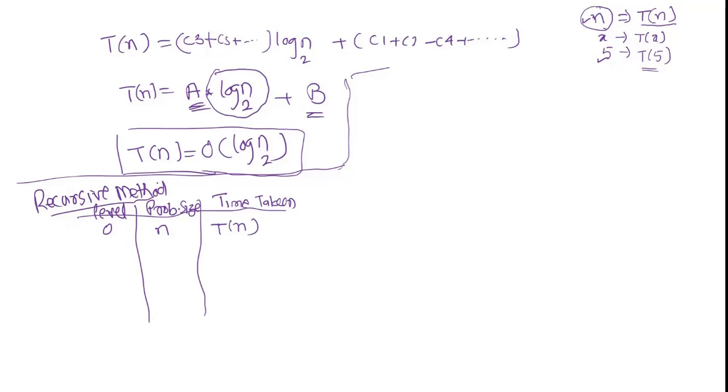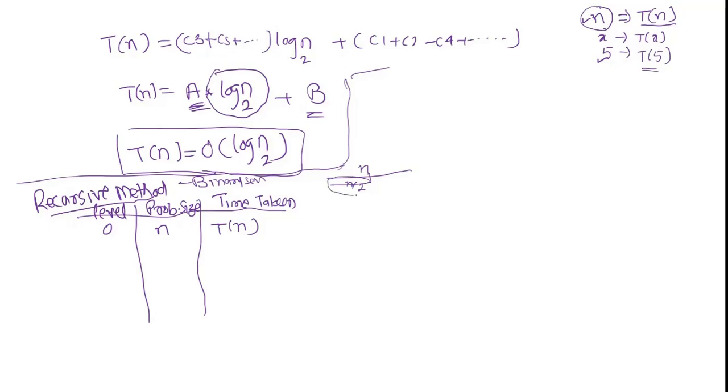Now in case of binary search, after the first comparison, the problem size is divided into half. Initially we had n elements to search. Now after the first comparison, we have n by 2 elements to search.